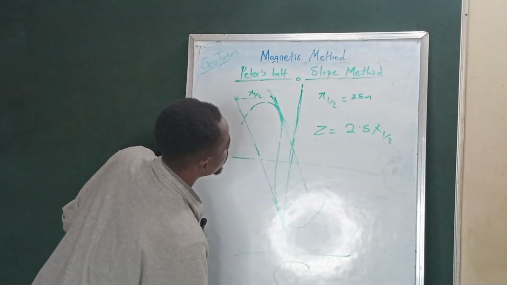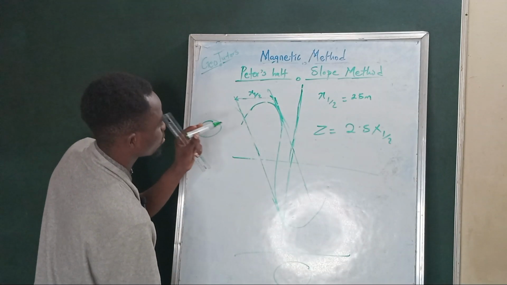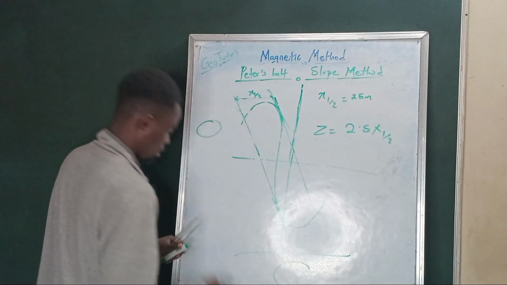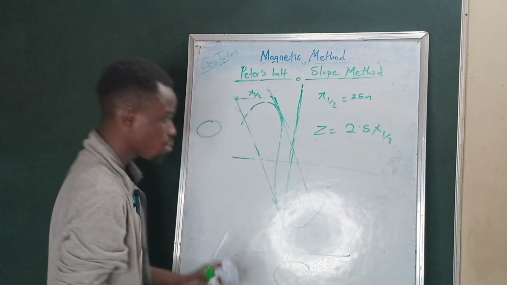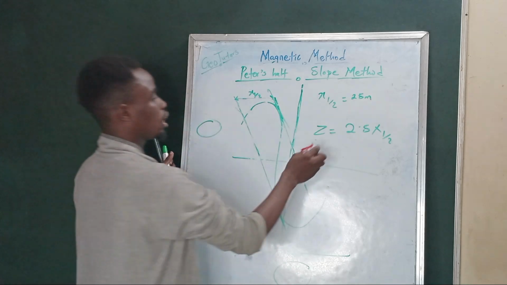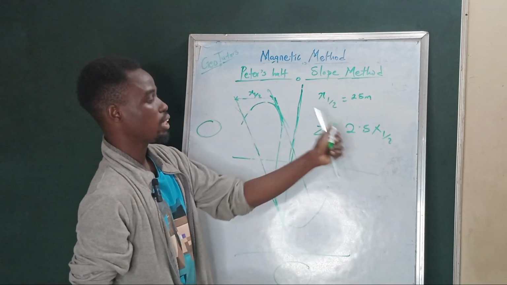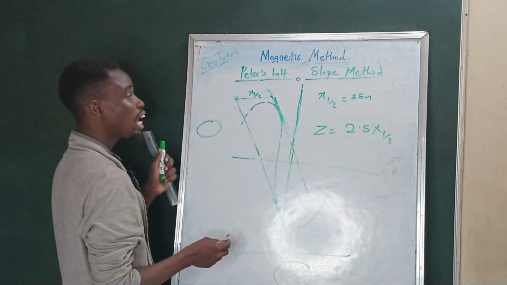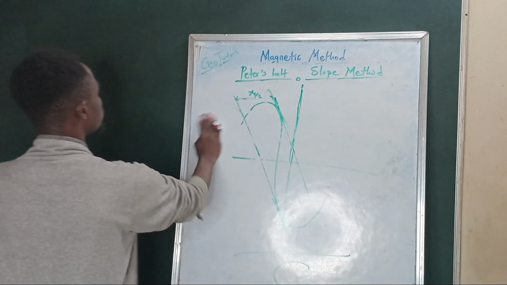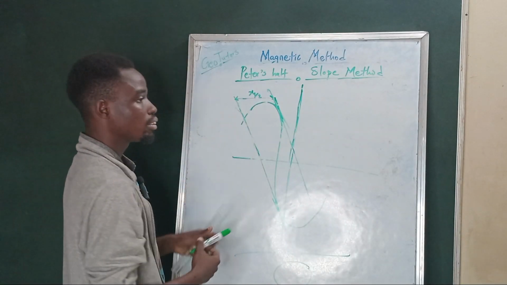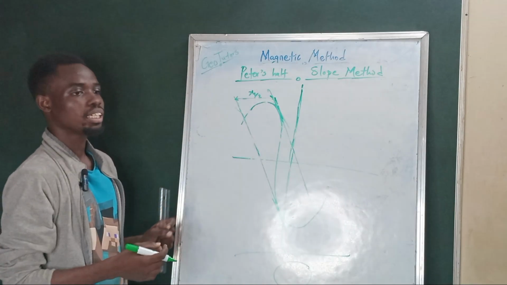So that's for the half width method. Now, for Peter half slope, remember that for the half width method we said z equals 0.5, but for Peter half slope it is different. What you try to do is to check how thin, thick, or intermediate the anomaly is.